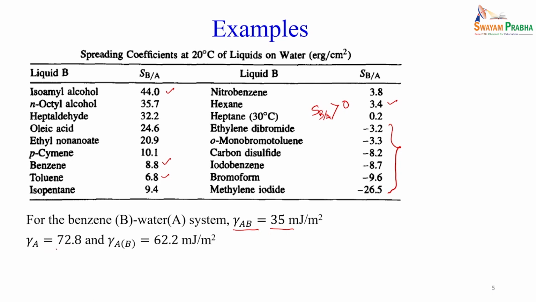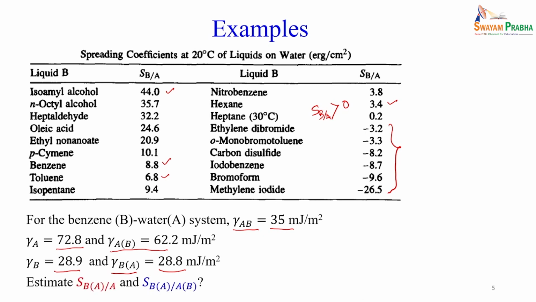Surface tension of water is 72.8, but after getting saturated with B, as I told, it decreases to 62.2 millijoule per meter square. Surface tension of benzene is 28.9, and when it is saturated with water, it decreases to 28.8 millijoule per meter square.